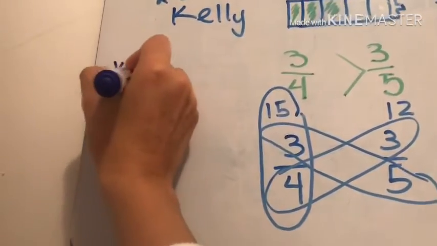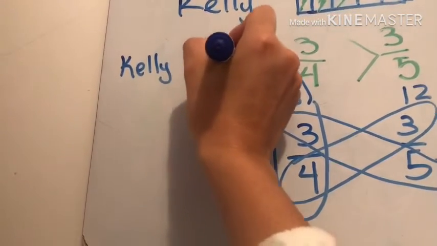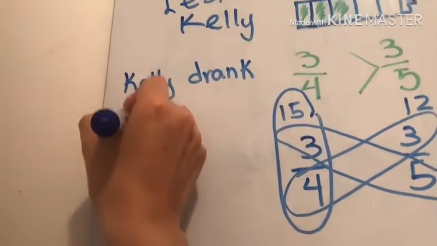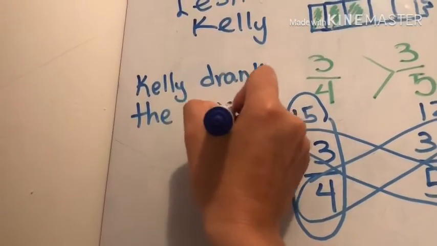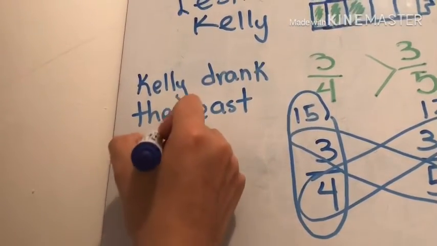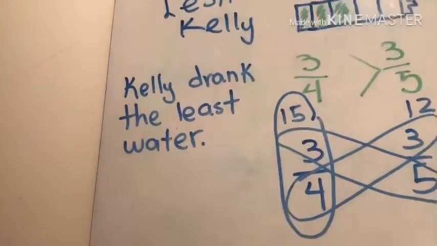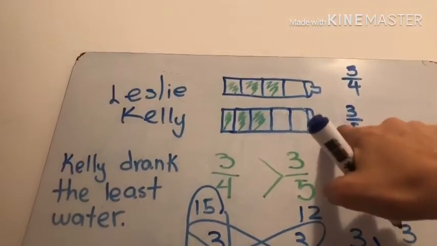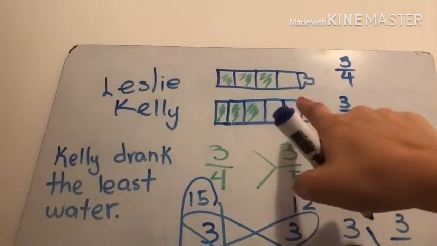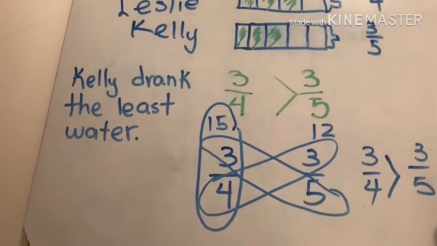My answer will be Kelly drank the least water, right? How do you support your answer? By drawing your fraction strips, and also by doing the butterfly method.